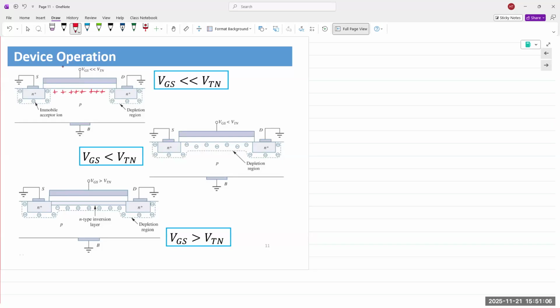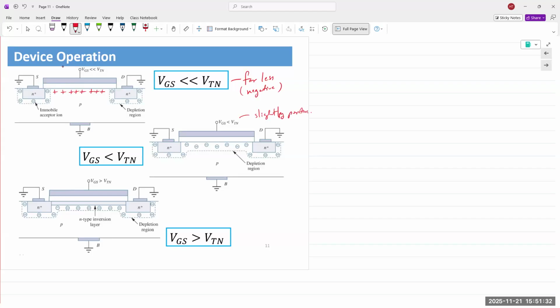Now VGS is increased. It's only slightly more positive, slightly positive compared to the accumulation region, where it was far less and negative.